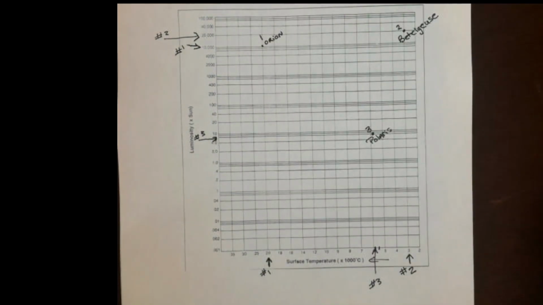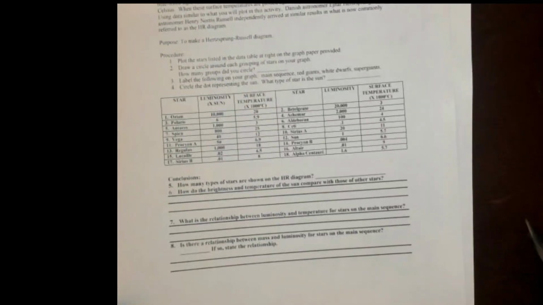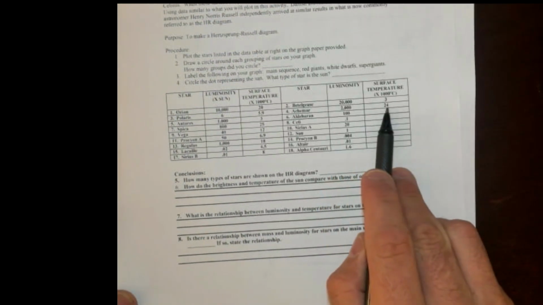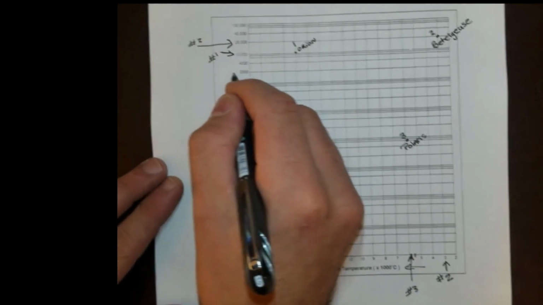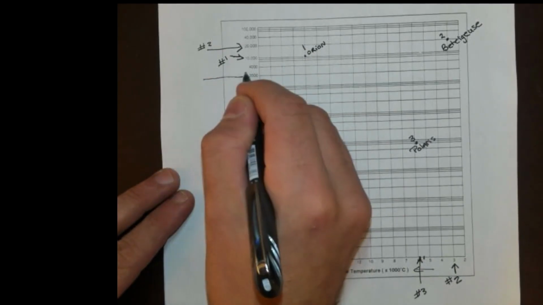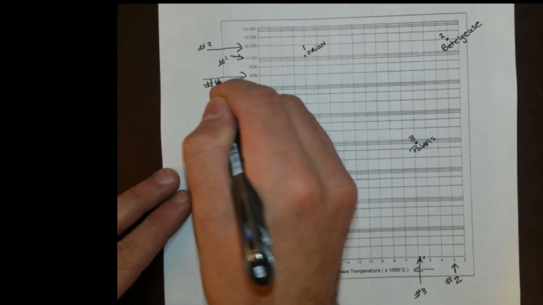All right. What do you say? One more? Akmar, which is 2,000 for luminosity and 24 for the surface temperature. 2,000 for the luminosity, which would be right here. We're going to do number 4 for that.